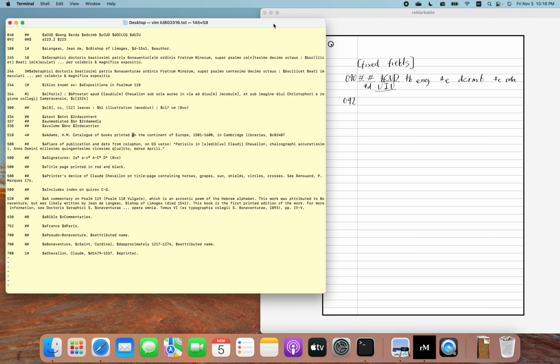It's basically meant to be a suggestion, so that a copy cataloger can go in there and say, this is the Dewey Decimal number, or I use Dewey Decimal because we use Dewey Decimal at the Rare Book and Manuscript Library. But you can also use Library of Congress, but you need a different MARC field for that. I think it's 090. I haven't seen this a whole lot.